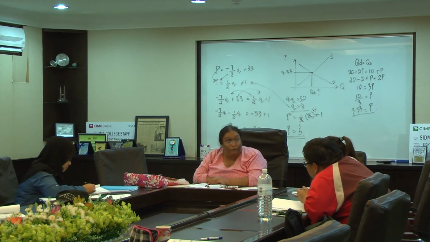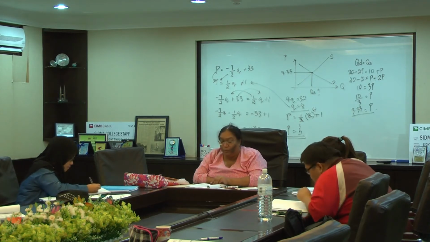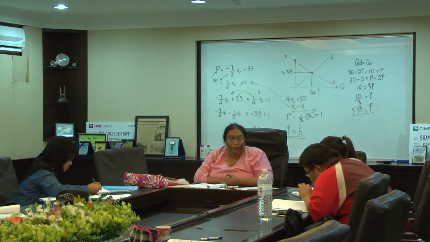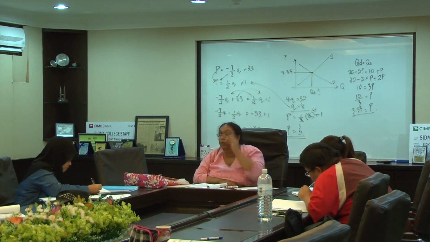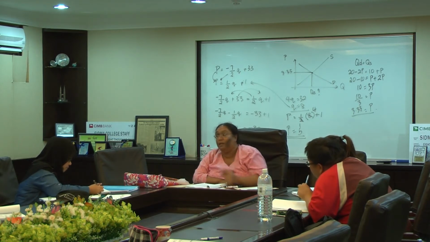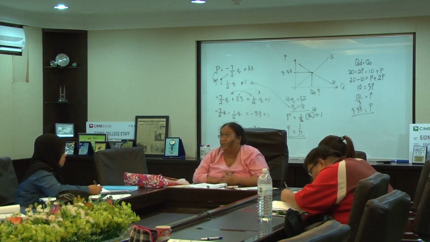That is the formula. Now, they put the words absolute value. Why? Because whenever price goes up, quantity comes down, correct? The sign you get will always be negative. So we don't look at the negative sign, we just look at the value of the elasticity.